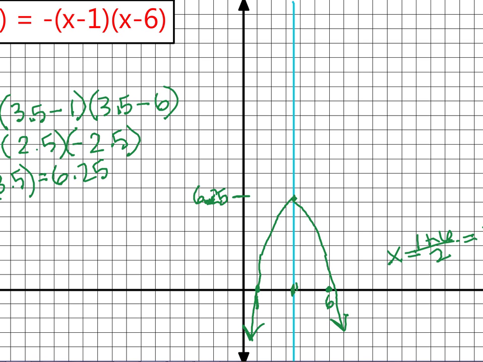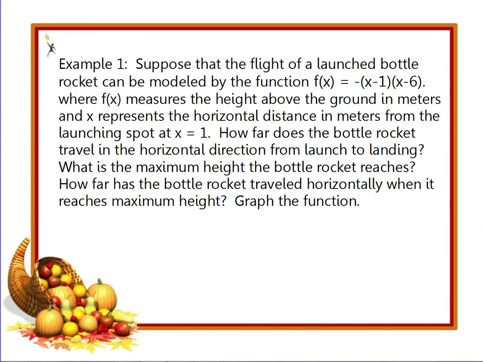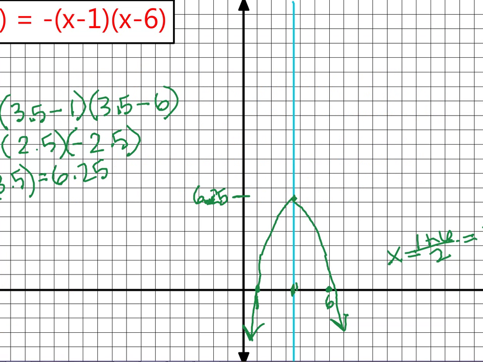All right, let's go back and take a look at our questions now. First question says, how far does the bottle rocket travel from launch to landing? It's traveling horizontally. We're going from launch, which is here, to landing, which is at 6. How far horizontally did our rocket travel?